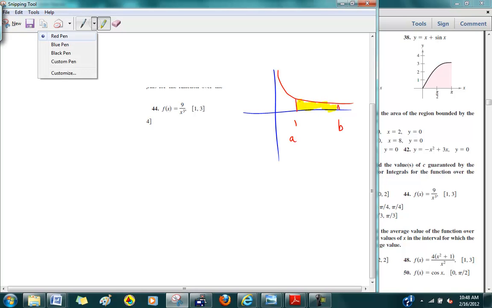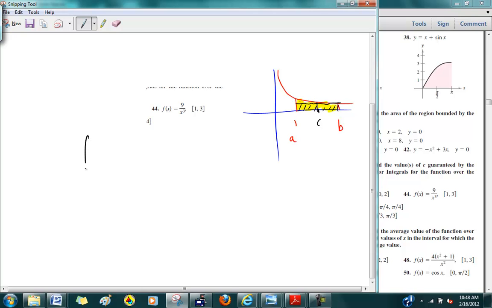Okay, the mean value theorem is telling you that there is some value c such that if you were to draw a rectangle, then the area underneath the rectangle is equal to the yellow shaded area. So mathematically, let's just do this.